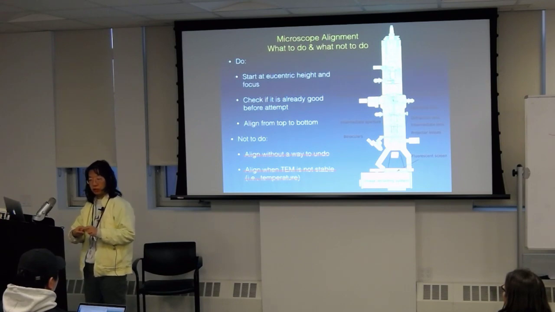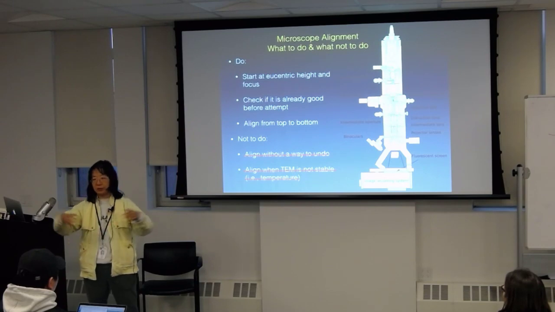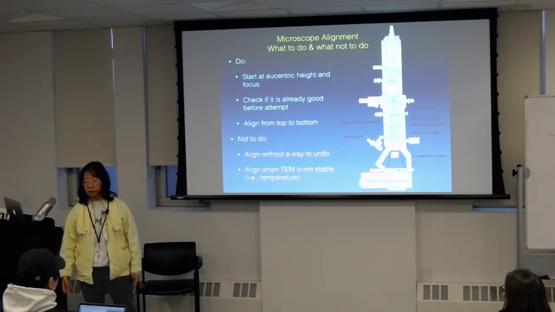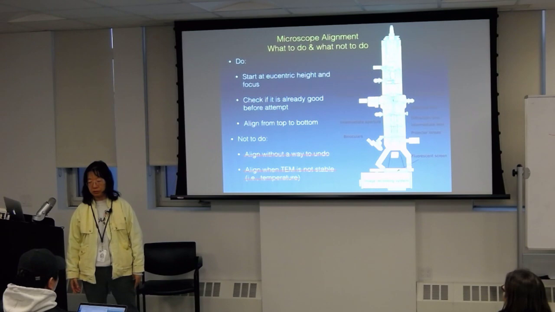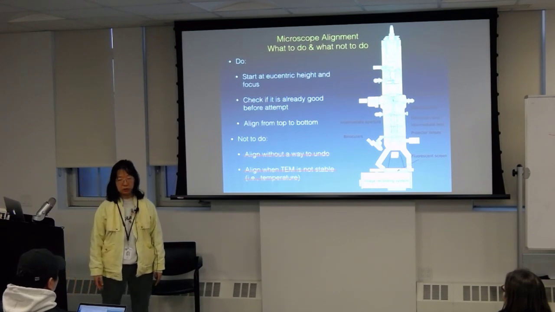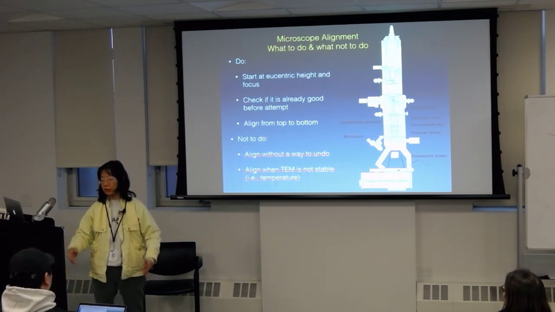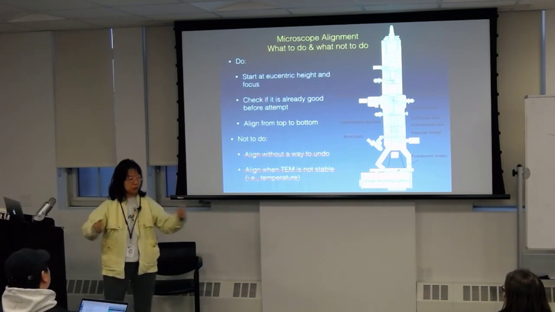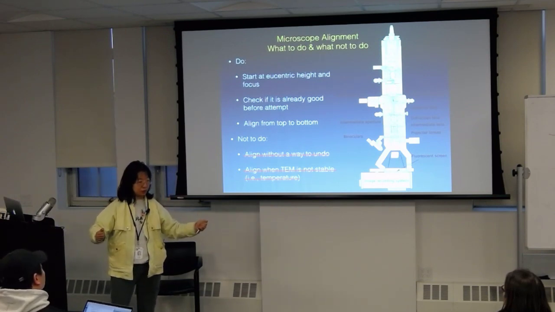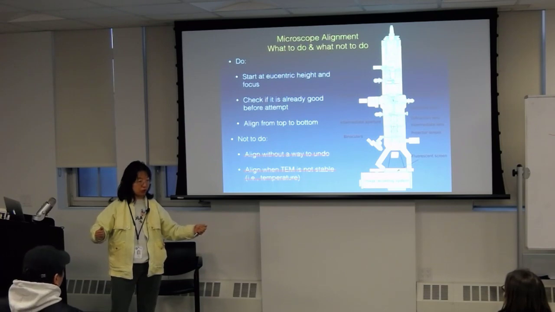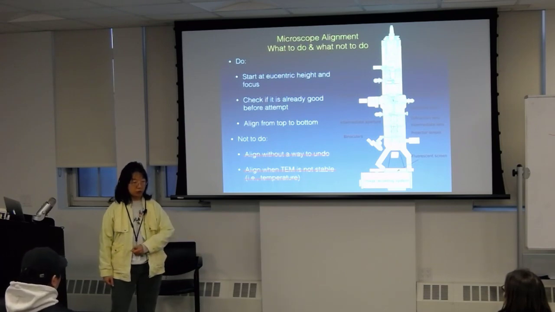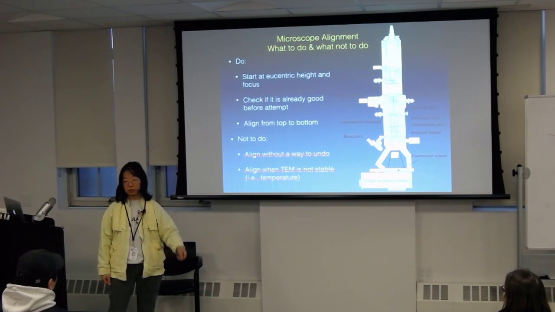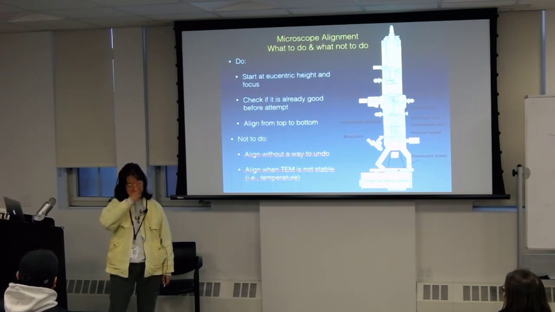So if you are aligning it when the air conditioning is broken, it's not a good day to do it. Or if they need to open up that protecting box to do a lot of work on it, don't align it then. Those are very important things.